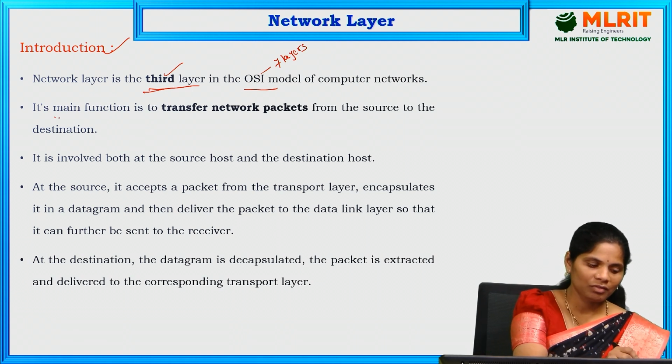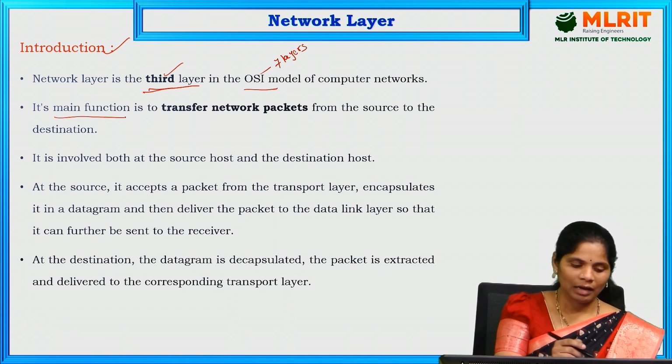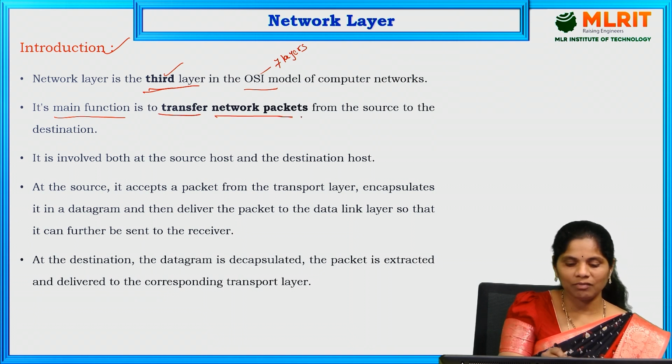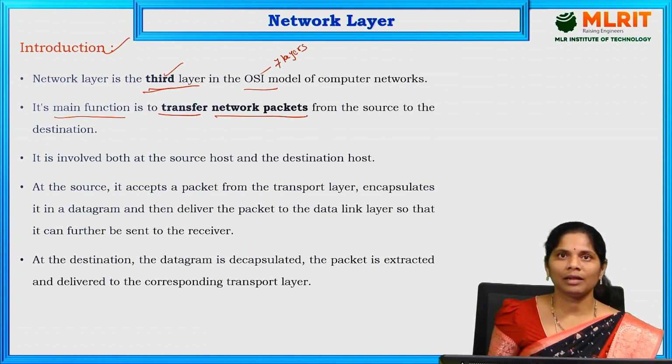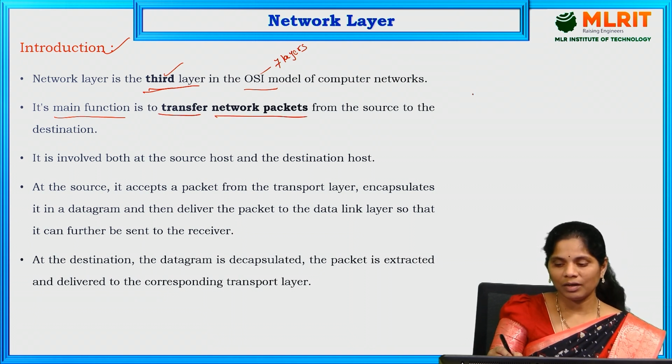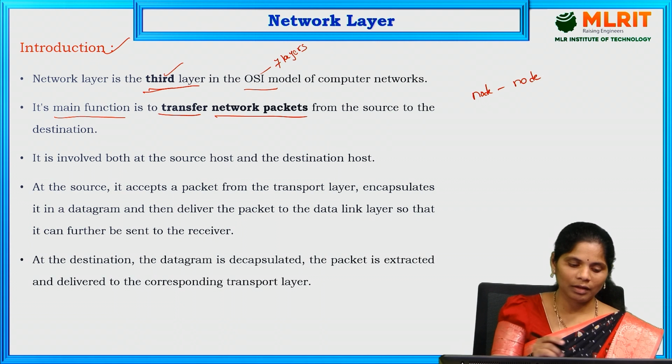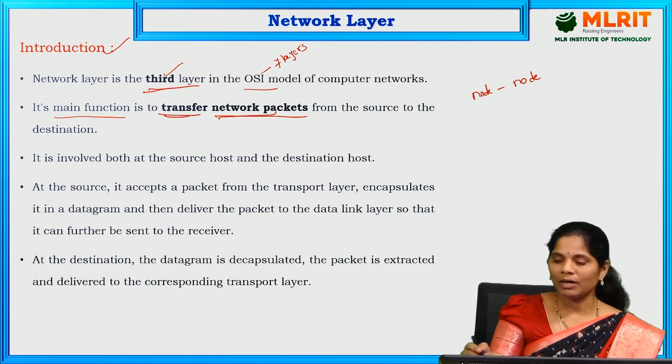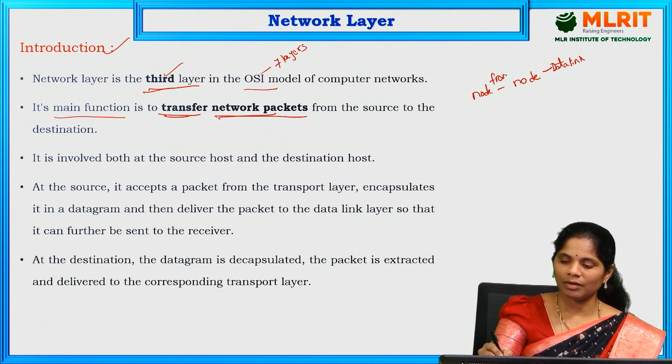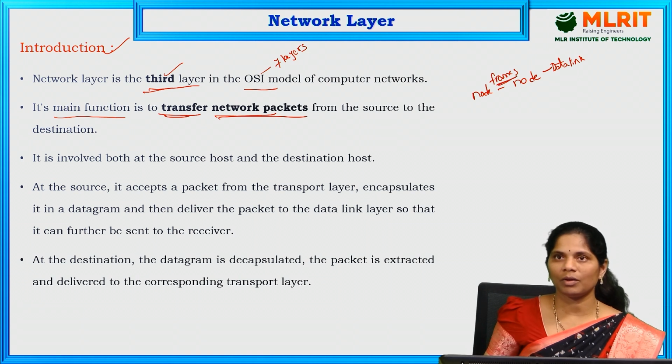The main function of this network layer is to transfer network packets. Previously, the data link layer was used for transferring data from node to node. In the data link layer, we transfer the data in the form of frames, which is node to node delivery in the form of frames.